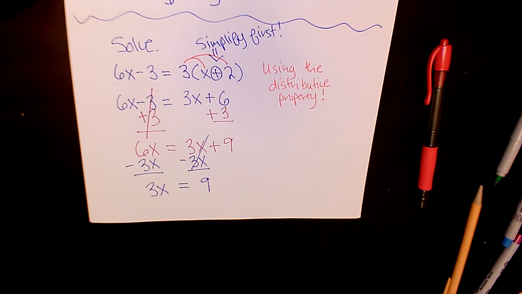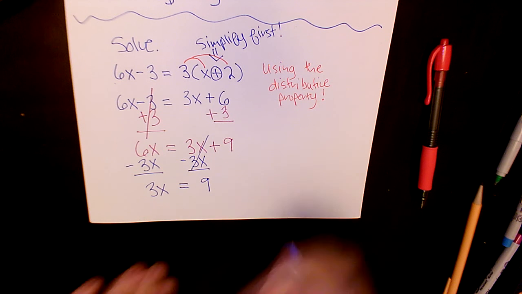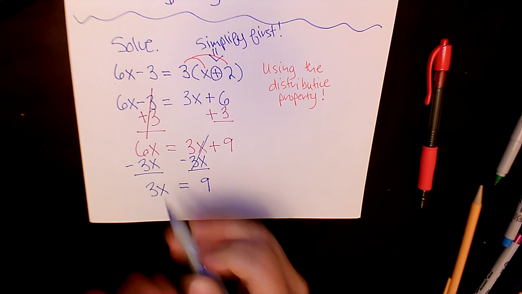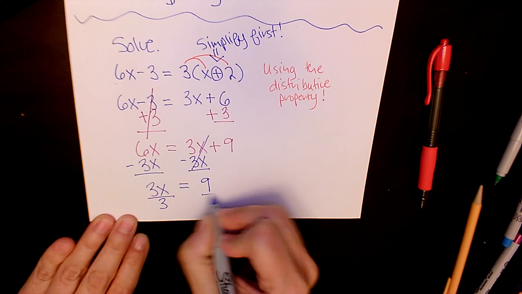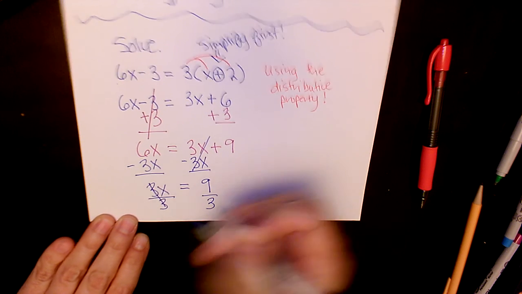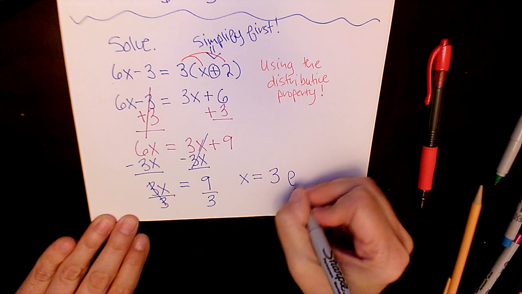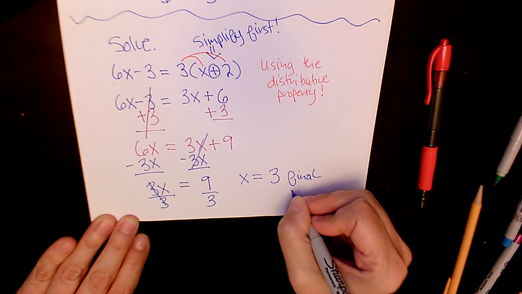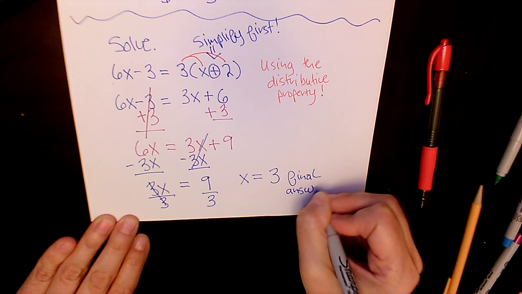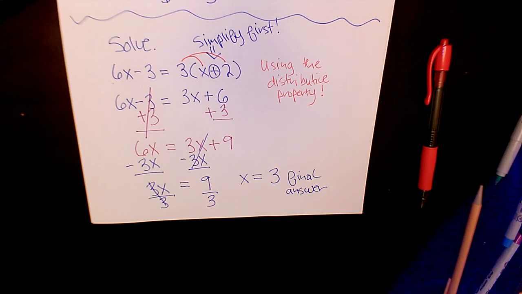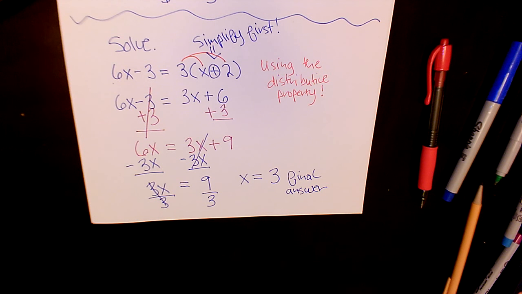So 3x equals 9. And my last step, I'm going to divide both sides by 3. So 9 divided by 3 is 3. So x equals 3 is my final answer, or my solution. And we can check that in the next video. So I'm going to section 2.5, part 3.